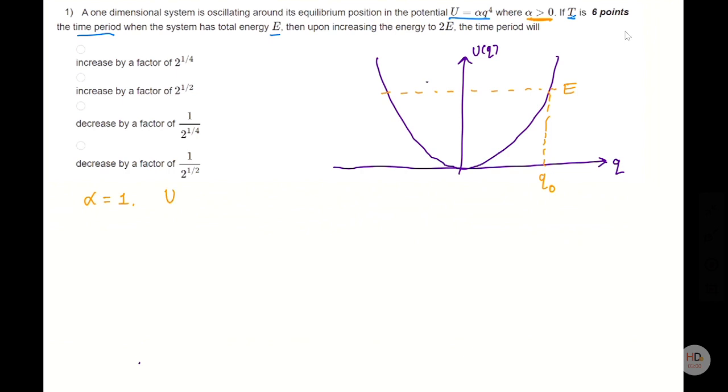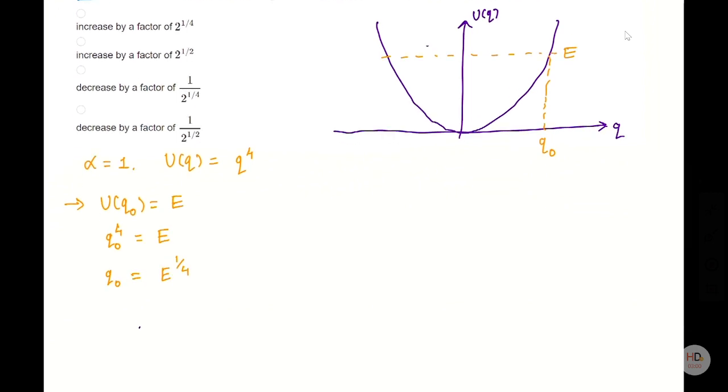So then u of q is simply q to the power 4. Okay, and now we need to find q0. So we know u of q0 should be the given energy of the system, which means q0 to the power 4 is E. So q0, the positive one, is E to the power 1 by 4.